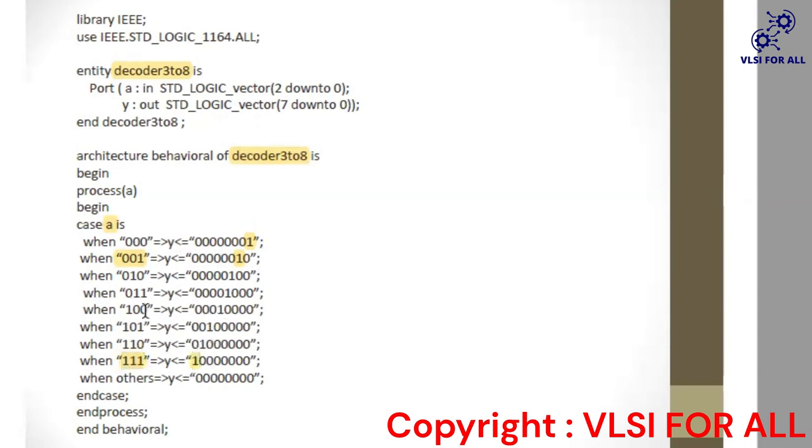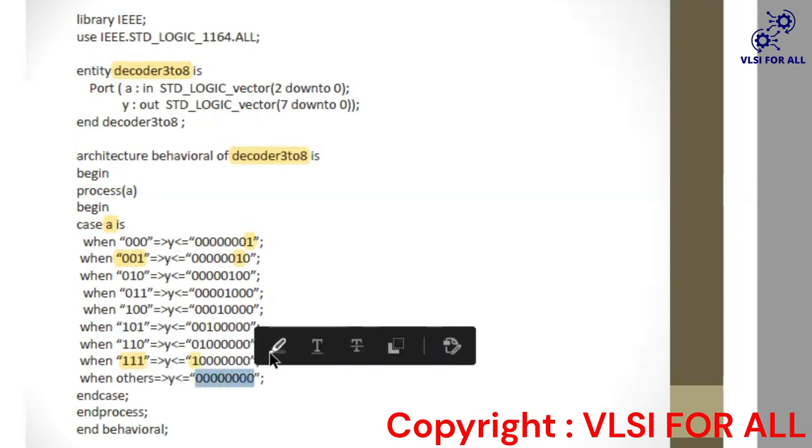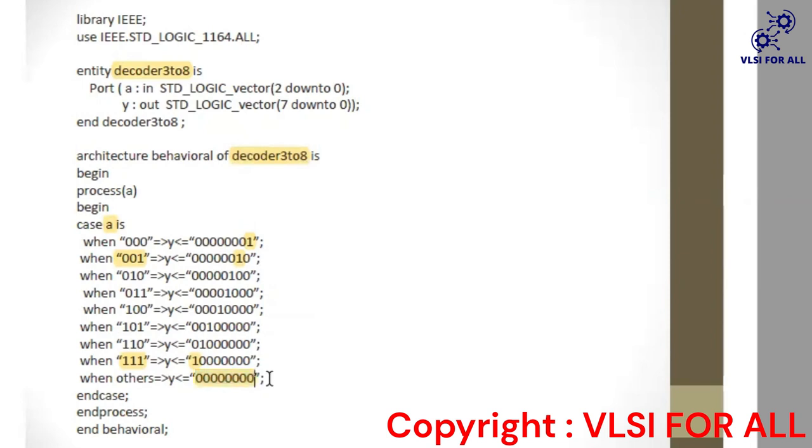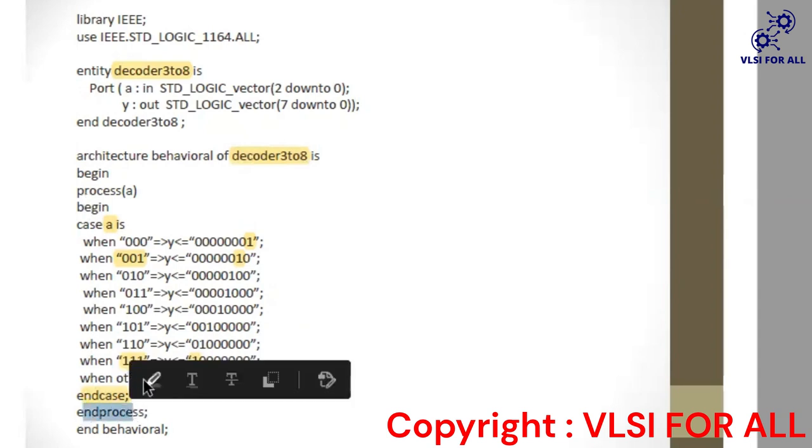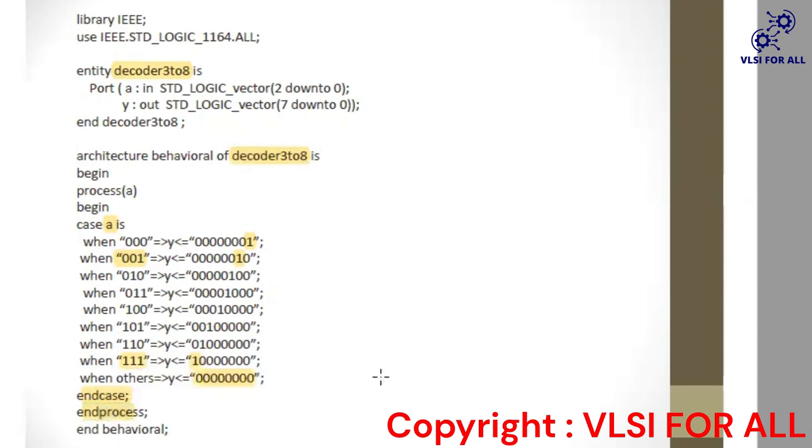Likewise, we have covered all the cases of D0 to D7, and when any other input comes, the Y will be 000. So we make it a default case, and after that we will end the case statement. After the case, we end the process, and after the process we end the behavioral.